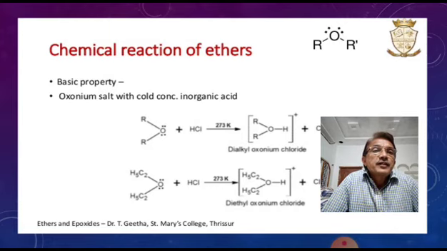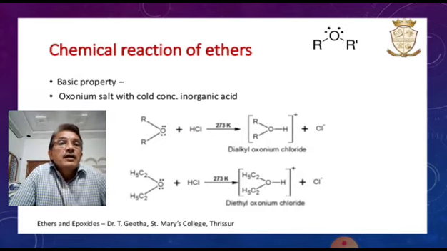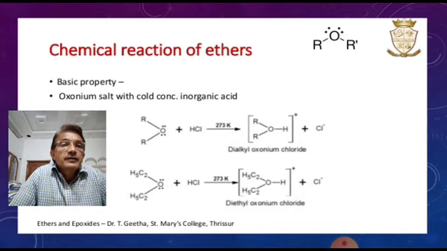Chemical reactions of ethers. Basic property: oxonium salt with cold concentrated inorganic acid. Ethers react with hydrochloric acid at about 273 Kelvin temperature to form dialkyl oxonium chloride.